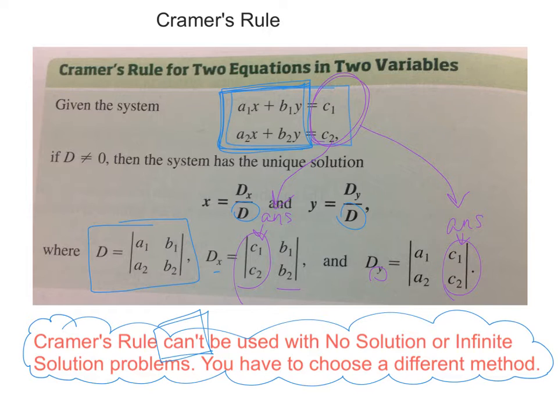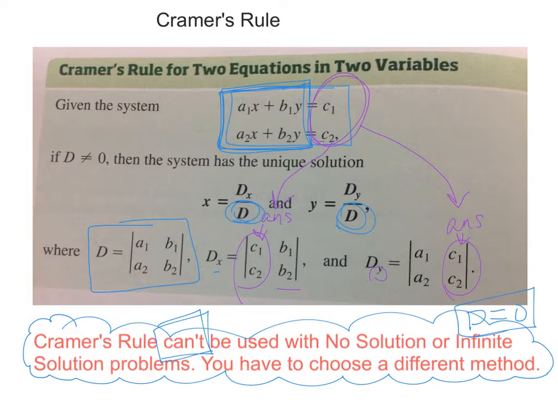You're going to have to choose a different method. You'll have to do substitution or elimination at that point. So Cramer's rule has its bounds. You'll know that Cramer's rule can't be used because the determinant here will equal 0. If your determinant equals 0, Cramer's rule can't be used because you can't divide by a 0. Cool. Otherwise, we're going to rock the socks off Cramer's rule.